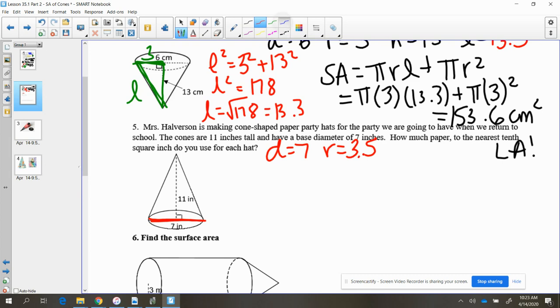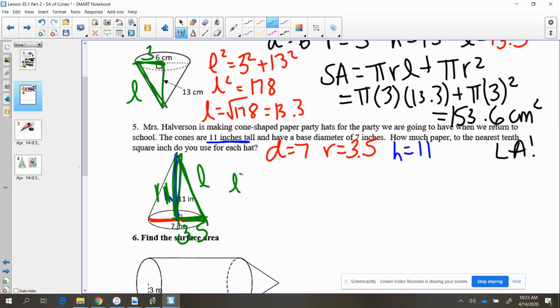The other piece they gave us is that it is 11 inches tall, which means the height is 11, but we need the slant height. So when we calculate the slant height here, we know we are looking for L, and we have a height of 11, and this base here is 3.5 of our triangle.